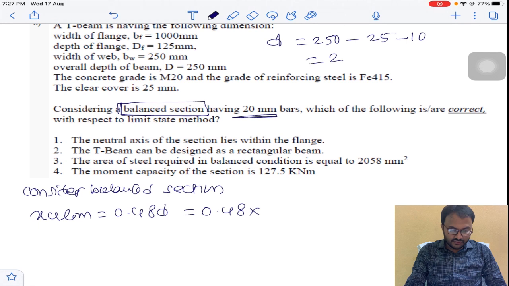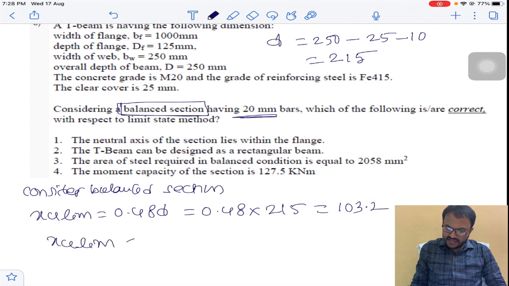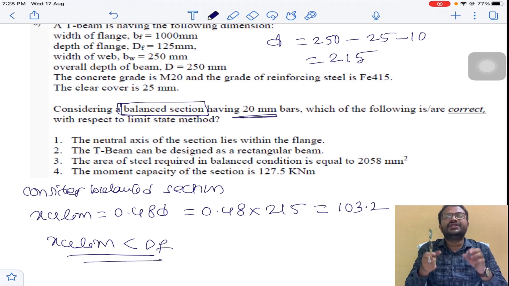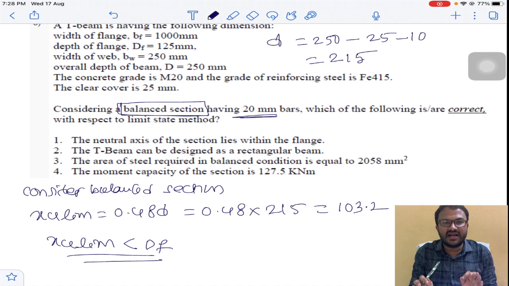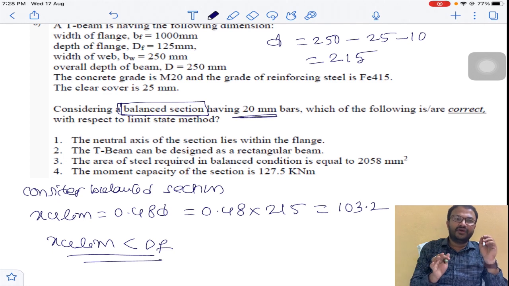So that is 215. So 215, that it will be 103.2. So this XU limit is less than depth of the flange. That is, neutral axis lies within the flange. Clear? If limiting depth of neutral axis is less than the depth of the flange, we consider the neutral axis to lie within the flange.